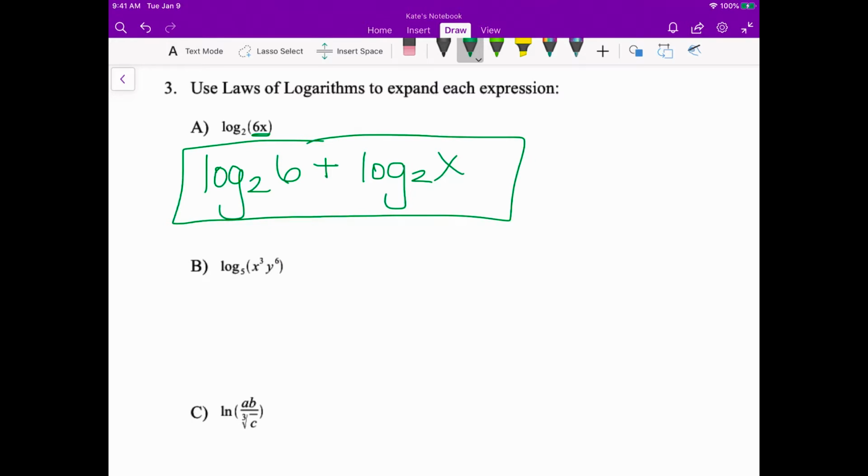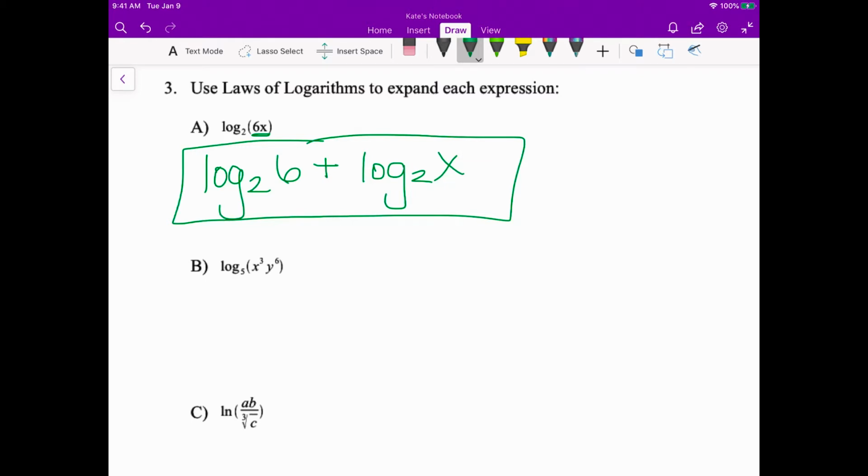If we look at example B, we have log base 5 of x to the third times y to the 6. Again, we're multiplying here, so we're going to have to break that up using addition, but we also have exponents, and we're going to have to deal with those by making our exponents coefficients. However, we do this one step at a time.